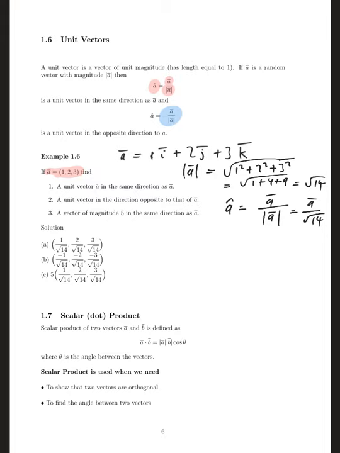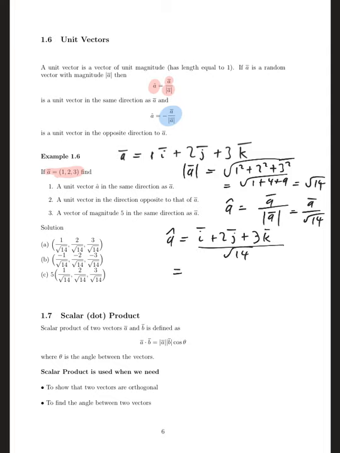So in terms of components, that is A hat is equal to i plus 2j plus 3k, all divided by the square root of 14.